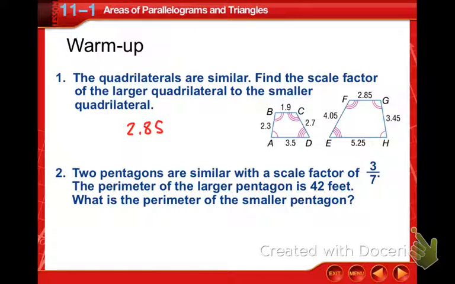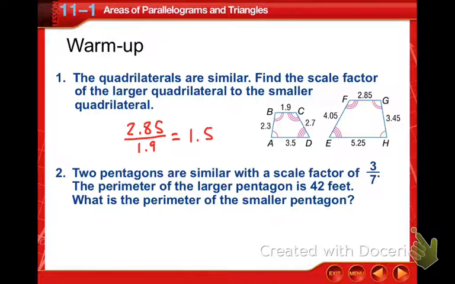You can pick any side as long as you use the corresponding side. I'm using the tops here. So 2.85 over 1.9. Now when you plug that in the calculator, you get a nice clean decimal of 1.5. So it increased by about 1.5 from the small one to the large one. Okay?